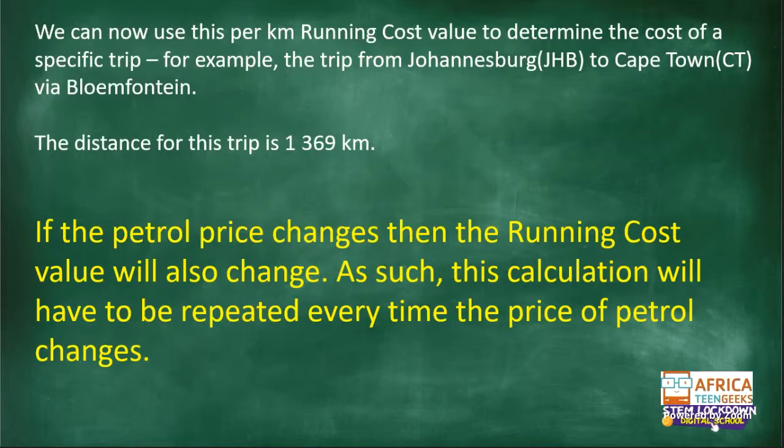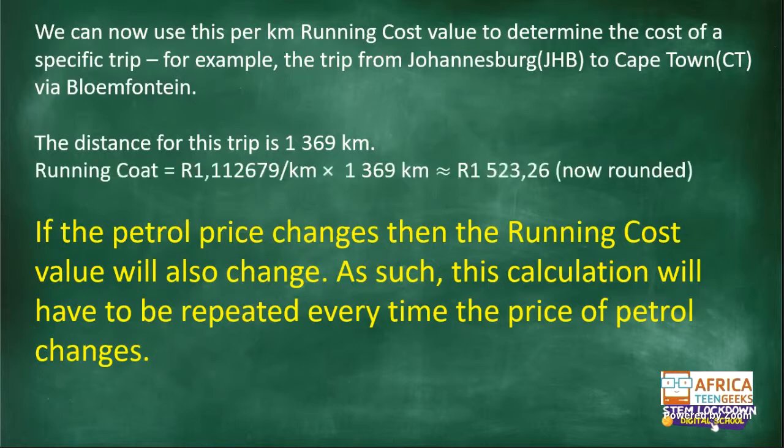And of course, the running cost, please bear with me there, it should be the running cost. We have already calculated it to be R1.11 per kilometer. So we are going to take that R1.11. Remember, as you can see here, I did not round off.